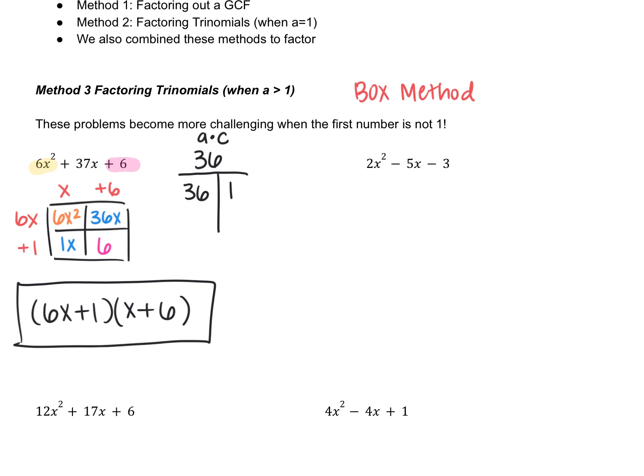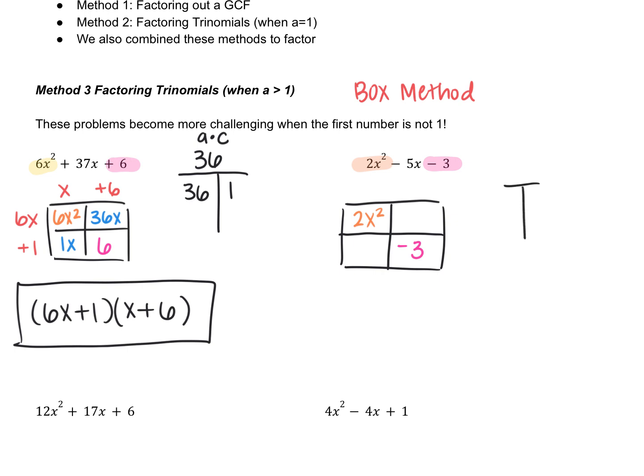Let's do another example. 2x squared minus 5x minus 3. So I'm going to create my box. I'm going to put 2x squared in my top left and negative 3 in my bottom right.